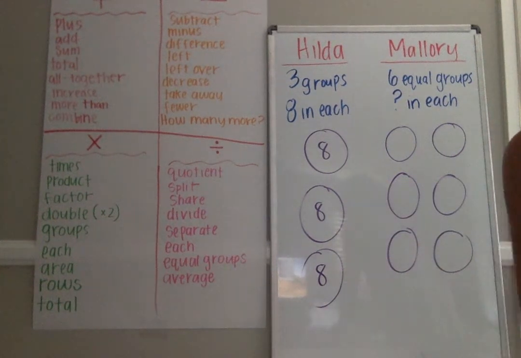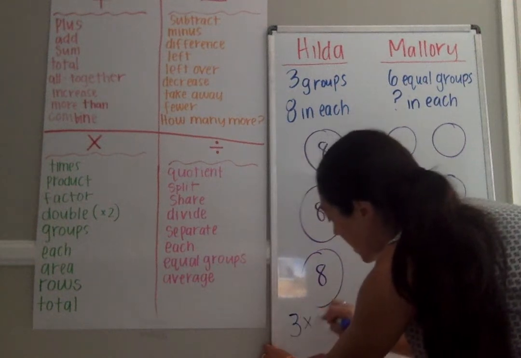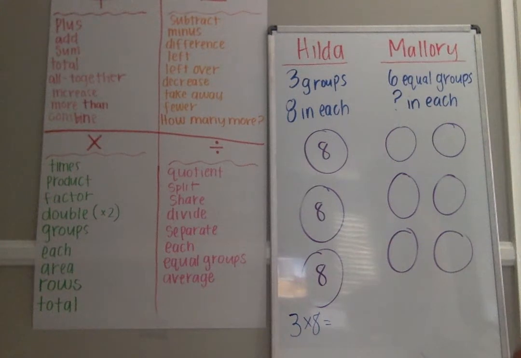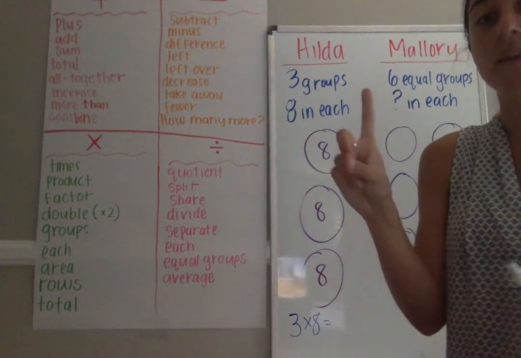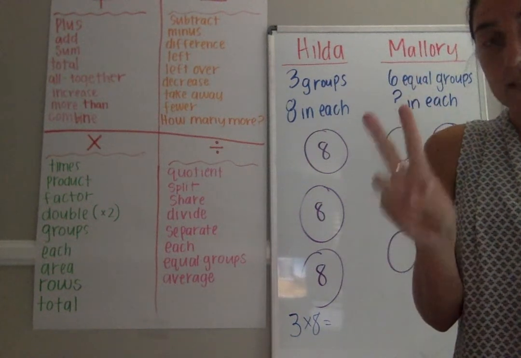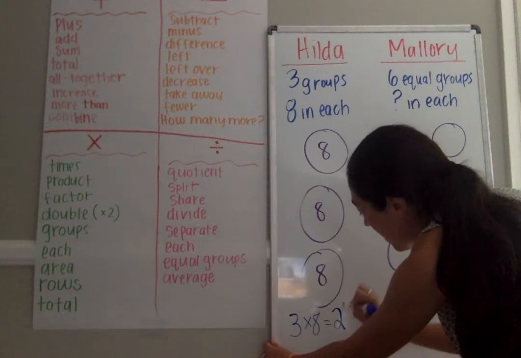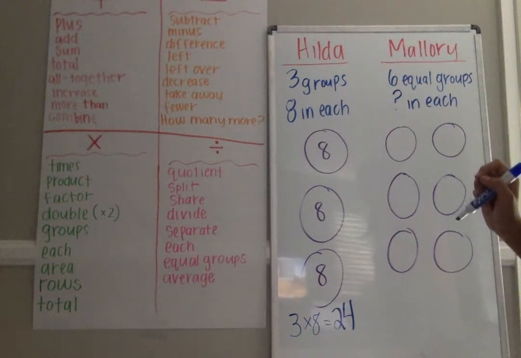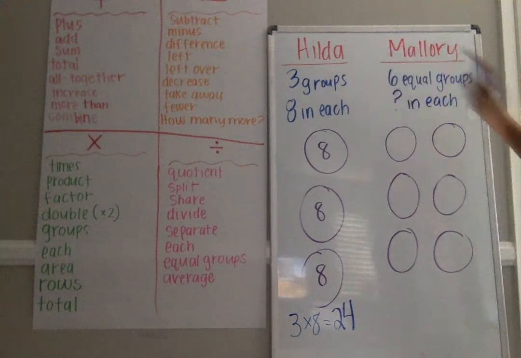So to figure out how many Hilda has, this is going to turn out to be 3 times 8. When I skip count by 8s, because we're going to do it 3 times, 8, 16, 24. So that leaves Hilda with 24 seashells.